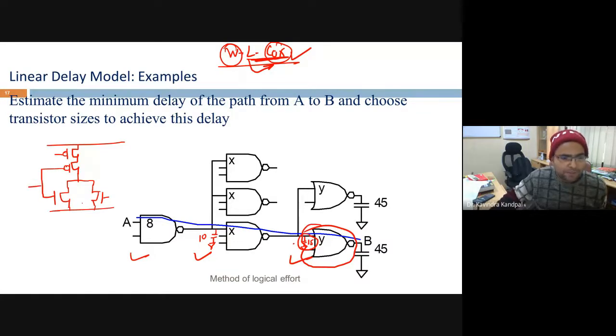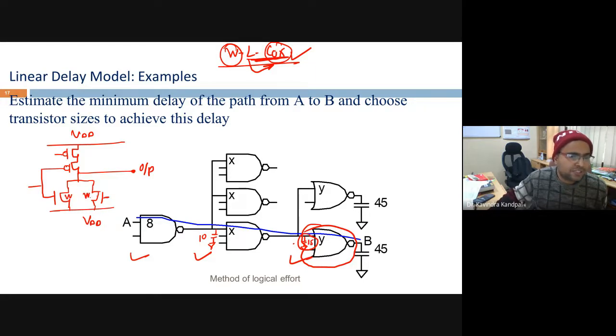Now tell me, what should be the sizes here? At least the ratios of the sizes. If you want to do this with the method of logical effort, you will be putting the sizes accordingly. Right? If the lower one is W, I will put W size here and W size here.